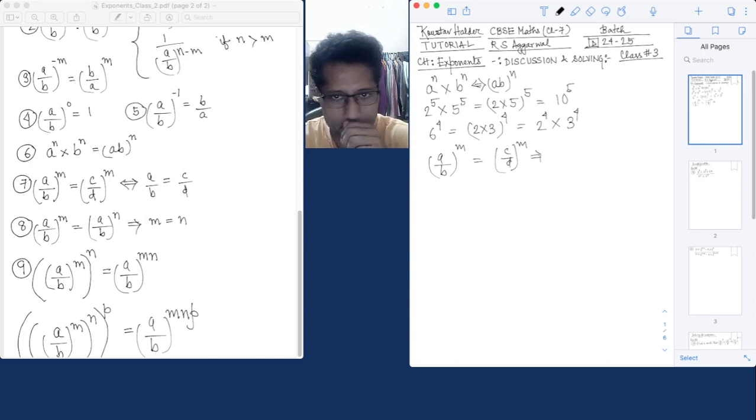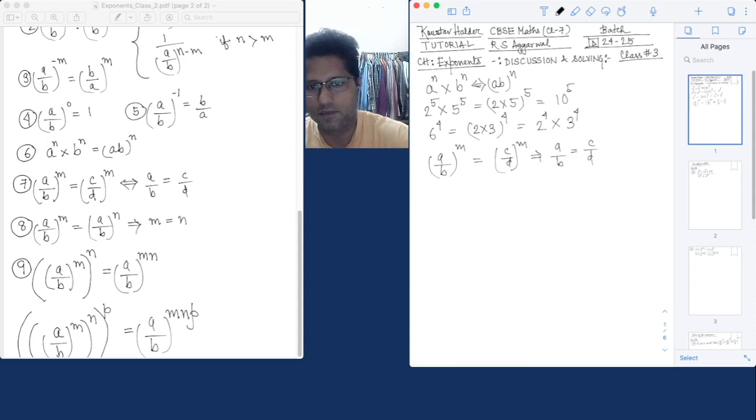Meaning, if you have two exponential forms and they are equal, and the exponent, that is the power or the index, is the same, then the base will also be the same. This will imply a by b equals c by d.